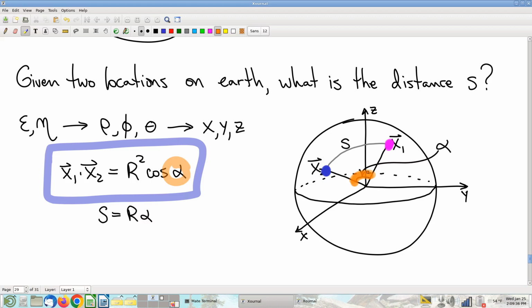We're on the surface of the Earth, so the magnitudes are all r, the radius of the Earth. You have the rectangular coordinates, so the dot product is easy to compute. With a little bit of work, you can solve for that angle alpha. And once you know alpha, you can compute the distance using the old high school geometry formula for an arc length of a circle. Everybody see how that worked? It's very clever. A slick move.